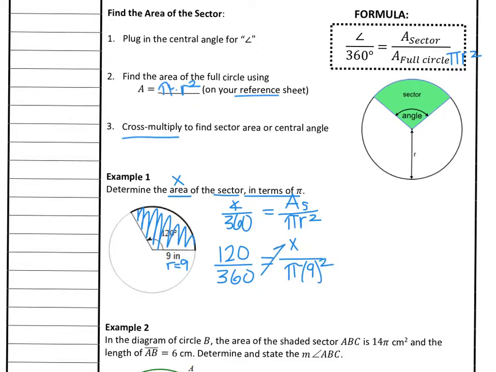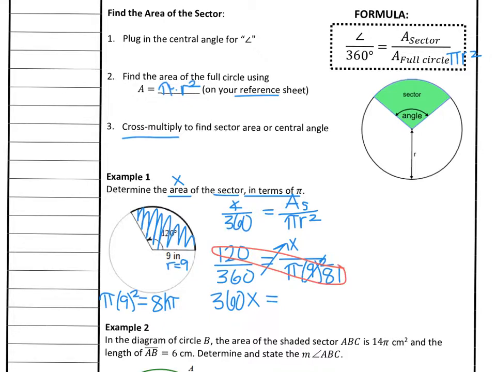So when we cross multiply, we get 360x equals, what you probably want to do really quick off to the side is pi 9 squared is really 81 pi. Okay, because 9 times 9 is 81. So this we could even cross out and write 81 if you want there. So then when we cross multiply, we're just doing 81 times 120.